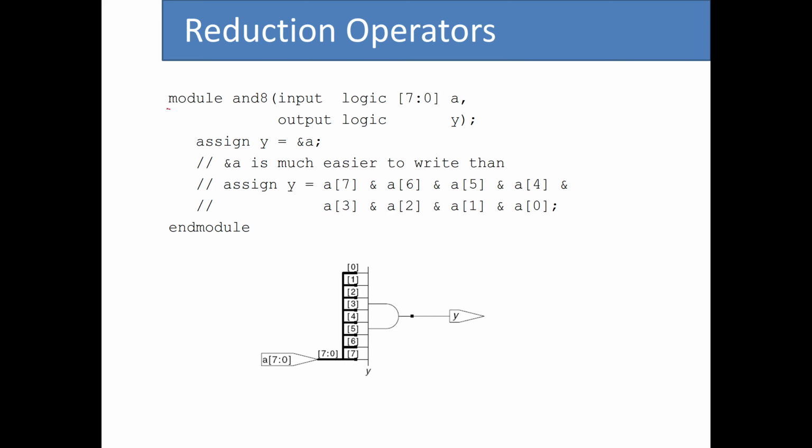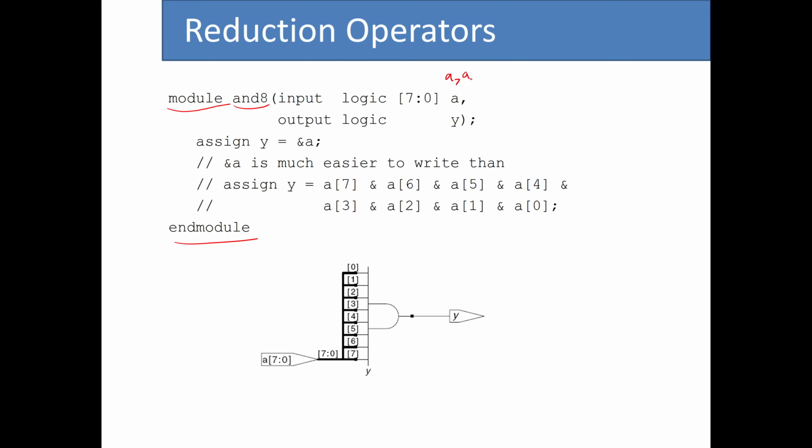So again, we have module, endmodule. The name here, we just assign it as AND8. And remember, the names cannot start with a number. So we have input logic inside square bracket 7:0. That means that the input A has 8 bits.